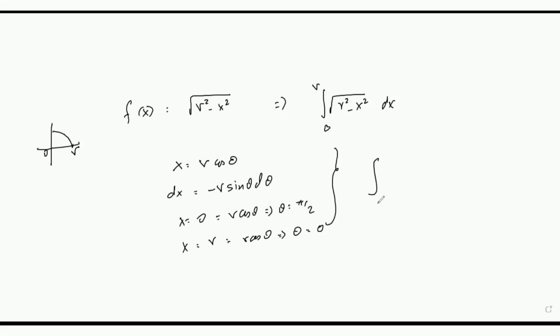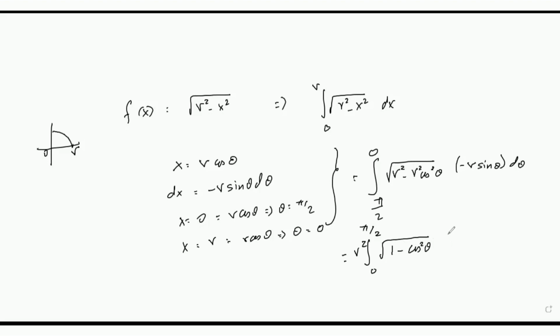Taking all of these things into account, we have an integral from pi over 2 to 0. Now r squared minus x squared is r squared minus r squared cosine squared theta, and dx is minus r sine theta d theta. This is the same as the integral from 0 to pi over 2 of r squared root of 1 minus cosine squared theta times sine theta d theta.